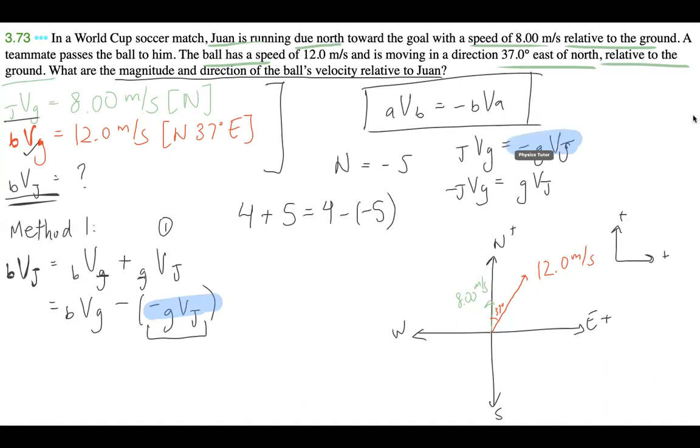So then why can't we use this and replace it? So what we can do is write down BVG minus JVG, and that'll give us BVJ.